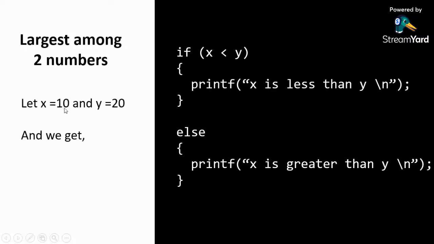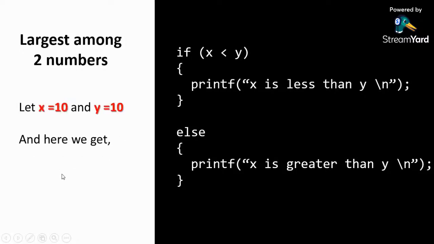If I take an example of x is 10 and y is 20, then it will print x is less than y. If I take x is 10 and y is 10, in that case it will automatically print x is greater than y, because x is less than y is false, because x is equal to y. So anything else apart from that, it will print x is greater than y.